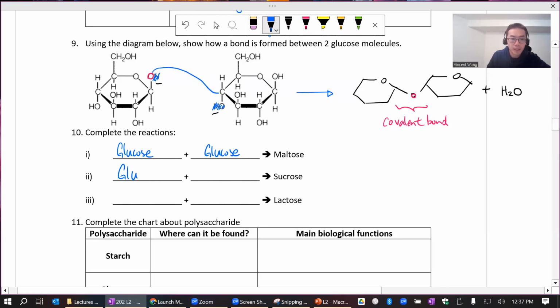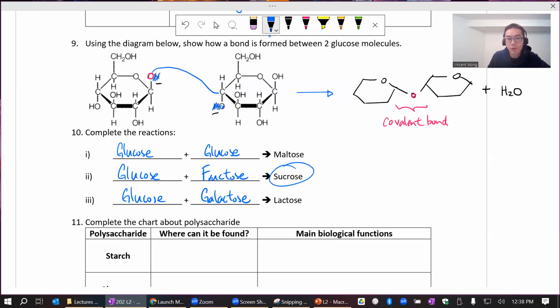That's right. Thank you. Glucose and, actually, galactose is for the next one. Maybe fructose. Fructose, that's right. Sorry, very good. Fructose, yes. And then you have glucose and galactose, right? So sucrose is like kitchen sugar, right? Lactose is found in dairy products.